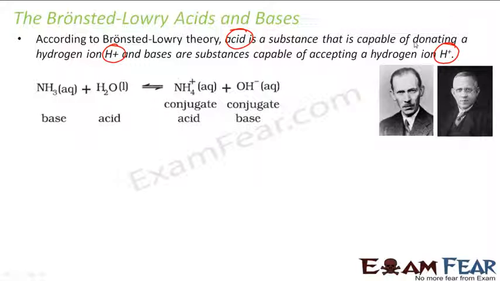Now they are saying something which can accept H plus is base, something which can give H plus is acid. Acid will give H plus, base will take H plus. That is what they told.